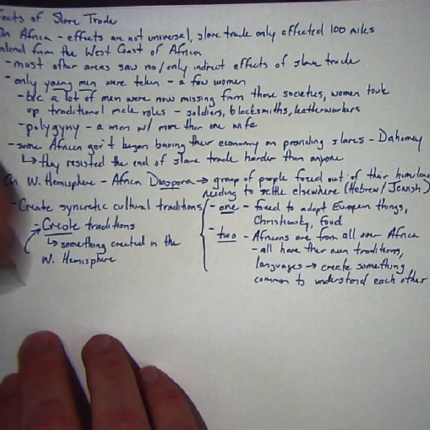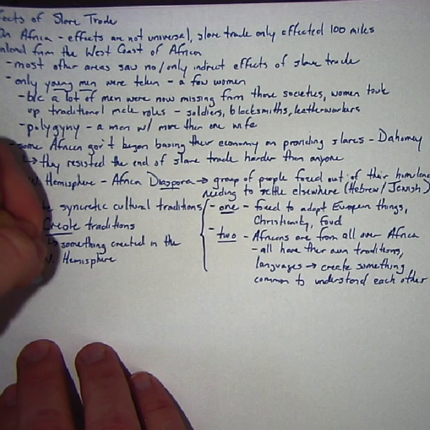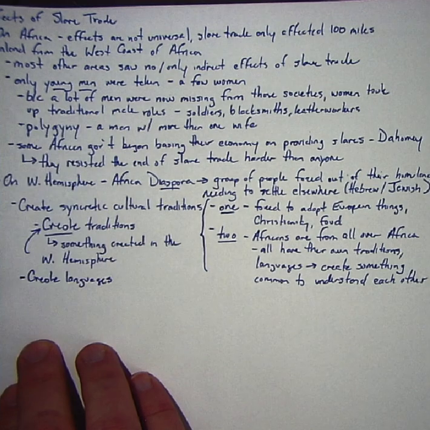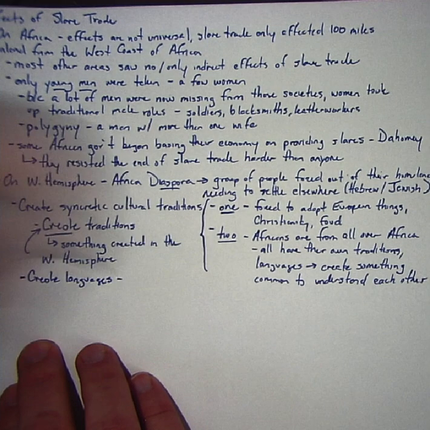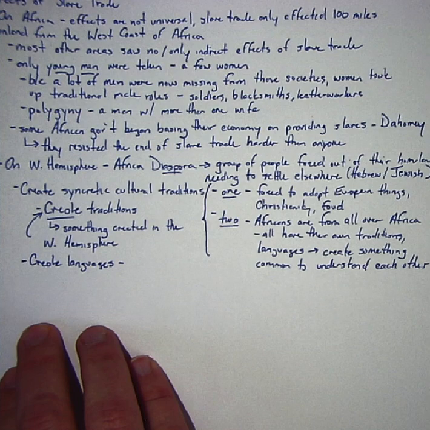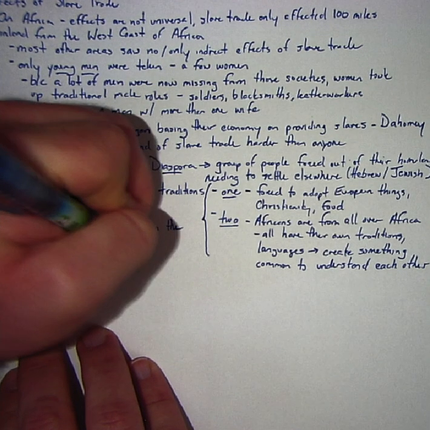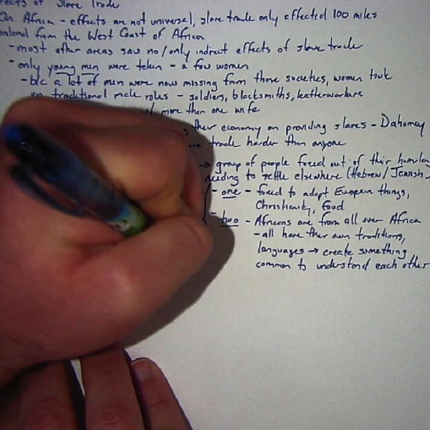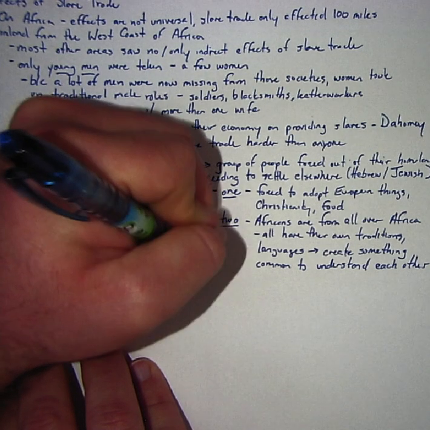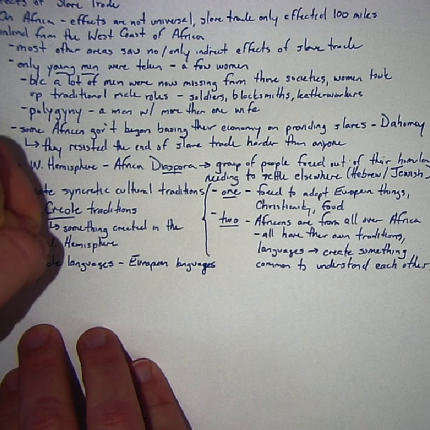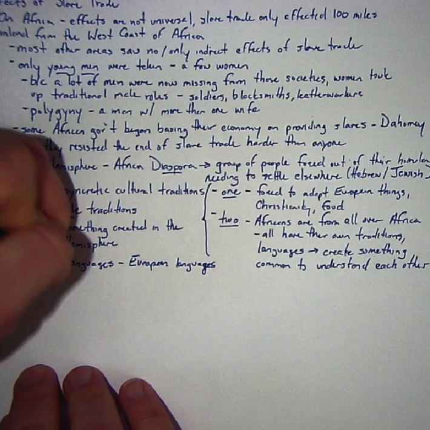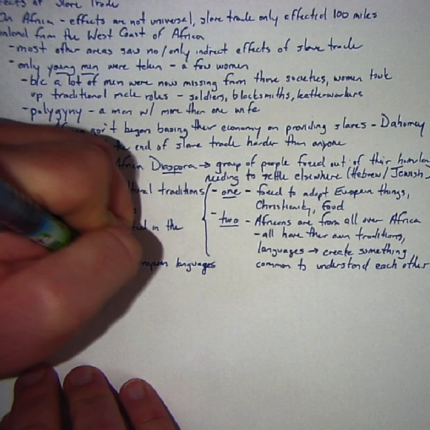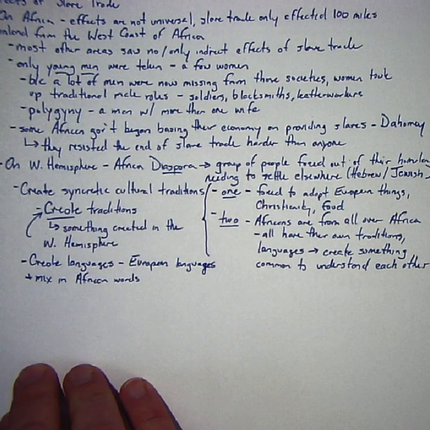So, for example, we might have Creole languages. So we might take European languages and mix in African words to create something new.